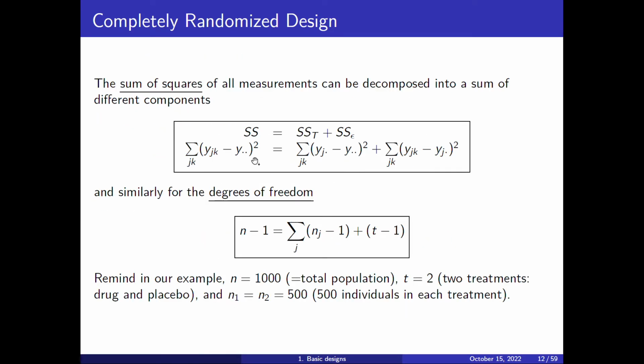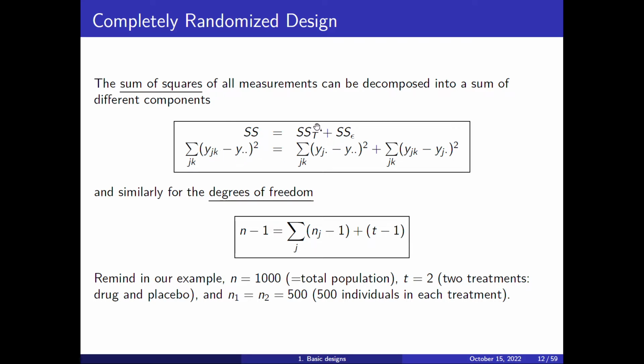Okay, but it has a very simple intuition. The sum of squares can be decomposed in 2 parts: one that is coming from the treatments, another one that is coming from the residual. So the total sum of squares is the total variation, the difference between each person and the overall mean.